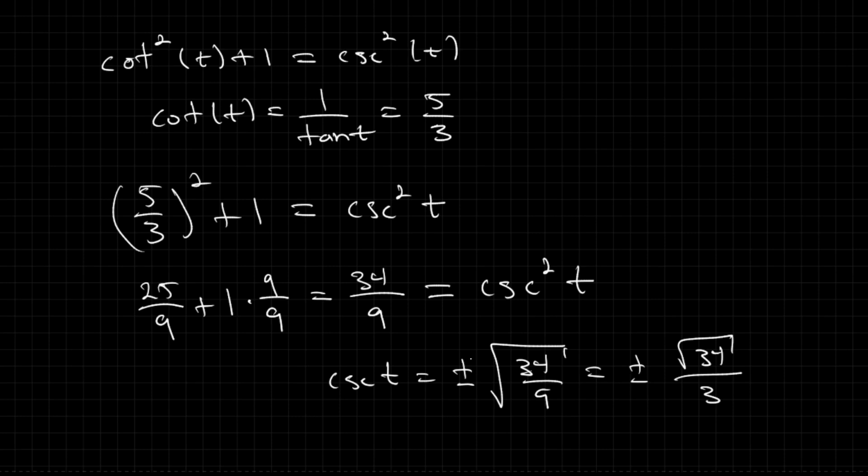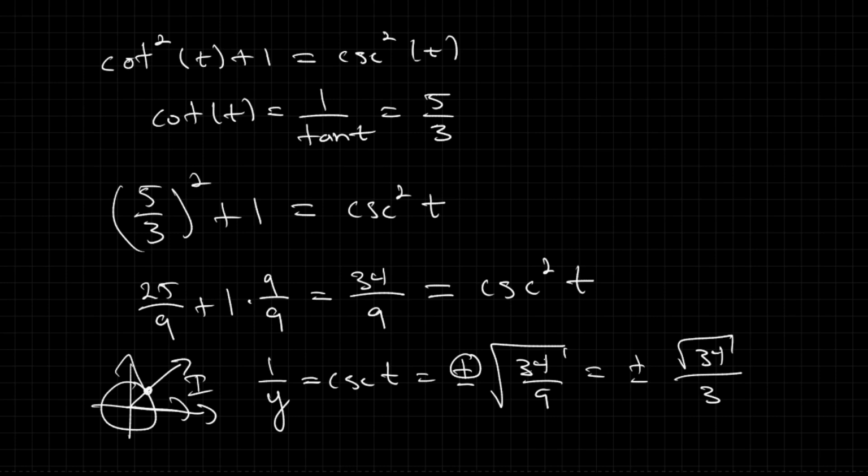Again we'll take the positive because we are in quadrant 1, and in quadrant 1 the y-coordinate is positive, and we're looking at the y-coordinate because cosecant of t is 1/y. 1 divided by a positive number is positive, and so cosecant of t has to be positive. And so we get the square root of 34 over 3, that's cosecant of t.